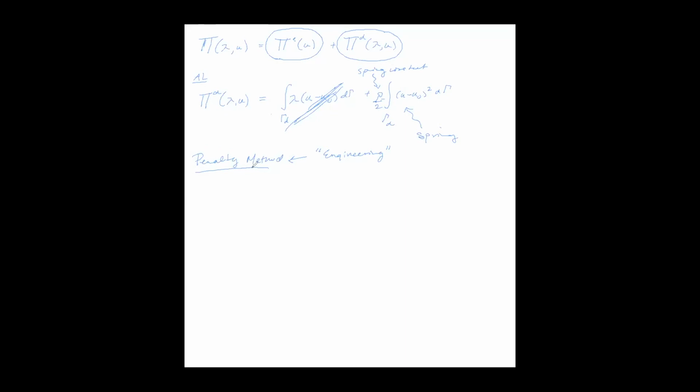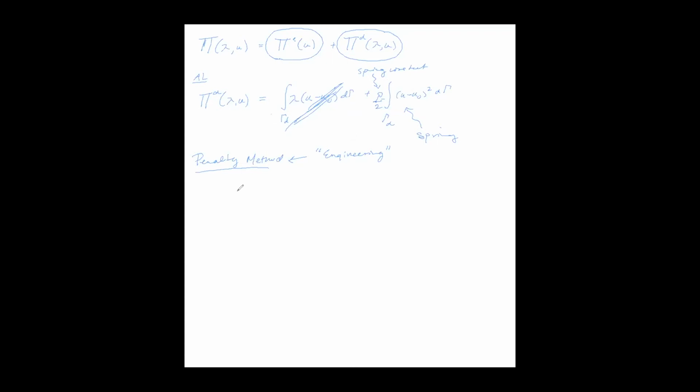If you look at industrial codes, it is probably the most common way to enforce a constraint, because it's like attaching springs to all the nodes, and measuring how far those nodes are away from enforcing the constraint times your spring constant gives you the force, the rectifying force that you're trying to minimize.